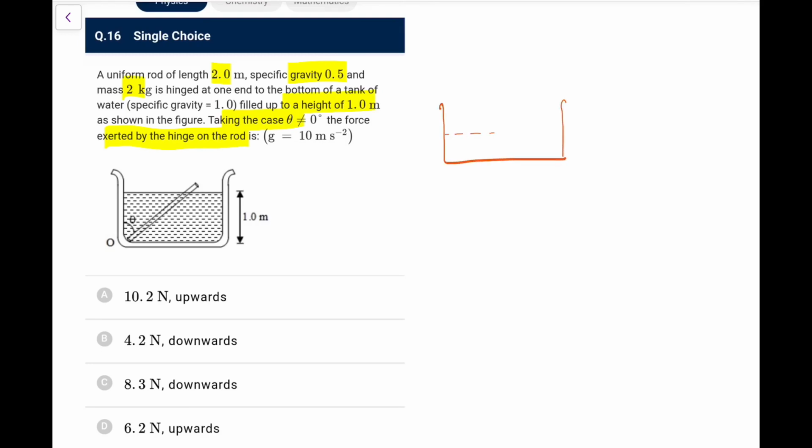Let's say this is 1 meter and this is 2 meters. Okay, let's draw it like this only, not that lengthy. The CM is at the exact midpoint, where mg will be acting, and at the midpoint of the submerged section buoyancy would be acting, and a balancing torque, FB, and this angle is theta, you are given.